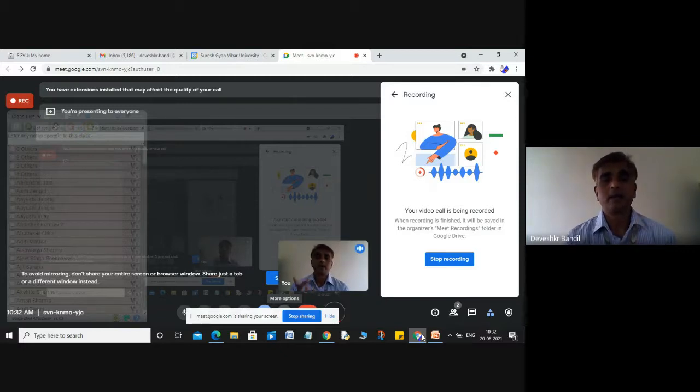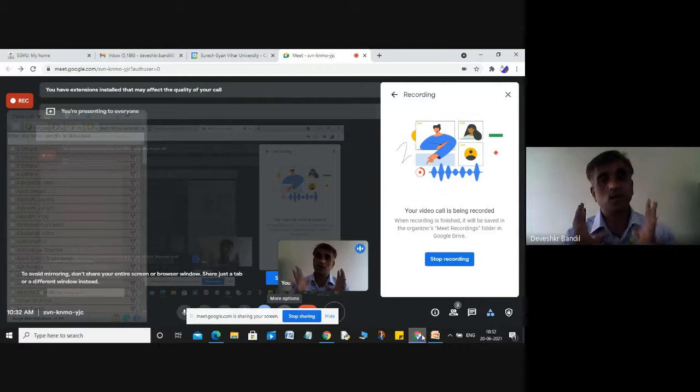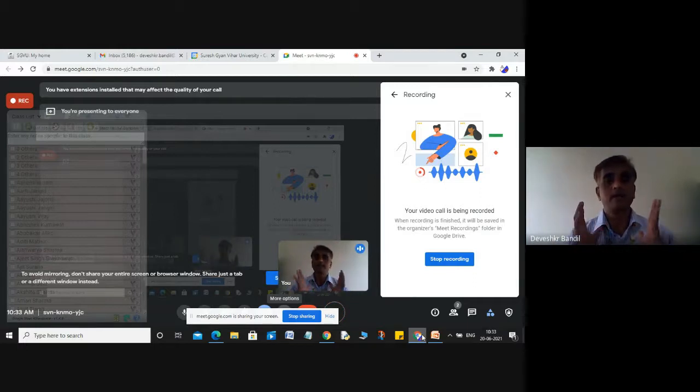In a hierarchical database model, you can also say that data is organized into a tree-like structure. The data is stored in the form of a collection of fields, where each field contains only one value, and all records are linked to each other via links in a parent-child relationship.